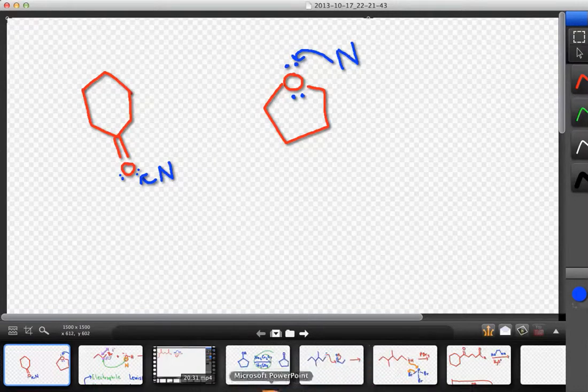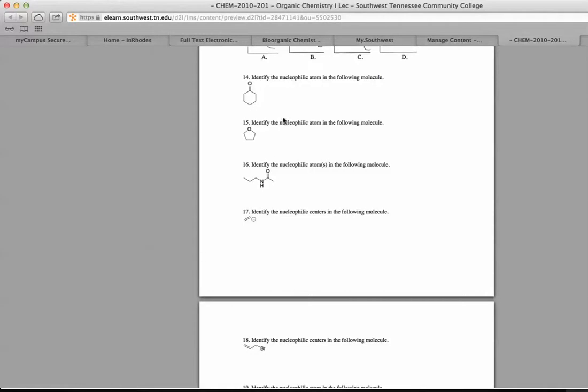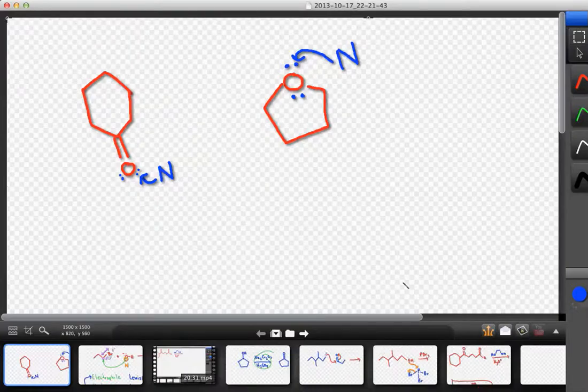Let's look at a couple of other structures within the problem set. Looks like we have N-propyl ethanamide, and it looks like we also have the conjugate base of ethene, and it also looks like we have allylic bromide. So let's take these into consideration one at a time.